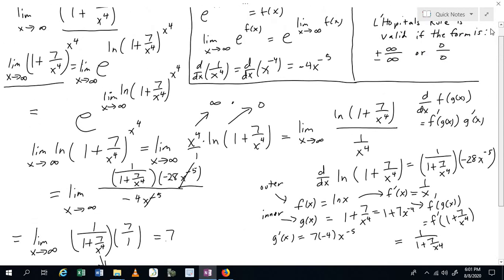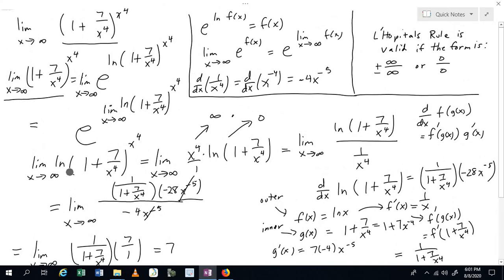So now, going back, we just determined this limit right here. We figured out what this limit was. The limit as x goes to infinity of the natural logarithm is equal to 7. But the limit we were trying to find originally was this limit, which is equal to this limit, which is equal to this limit.